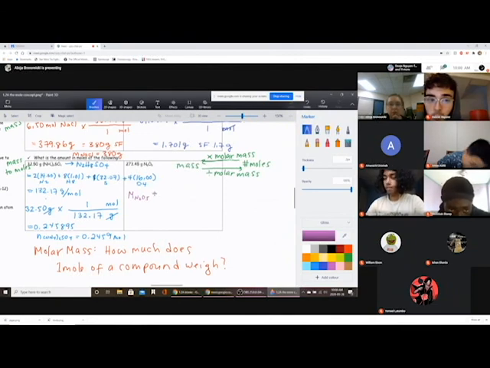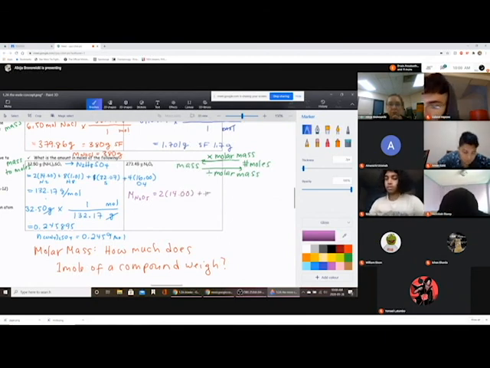This is maybe an easier example than the one before. So 2 times 14.00 plus 5 times 16.00. The numbers in the brackets are coming from my periodic table. This first part represents N2. The second part represents O5.